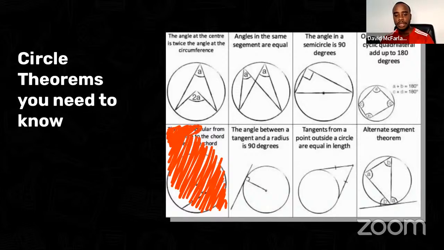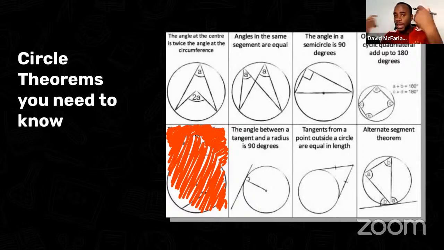And the whole thing when it comes to circle theorems is knowing when to use what. So as we go in this session, we're just going to think about when we use particular theorems for circles. So let's recap each of them.